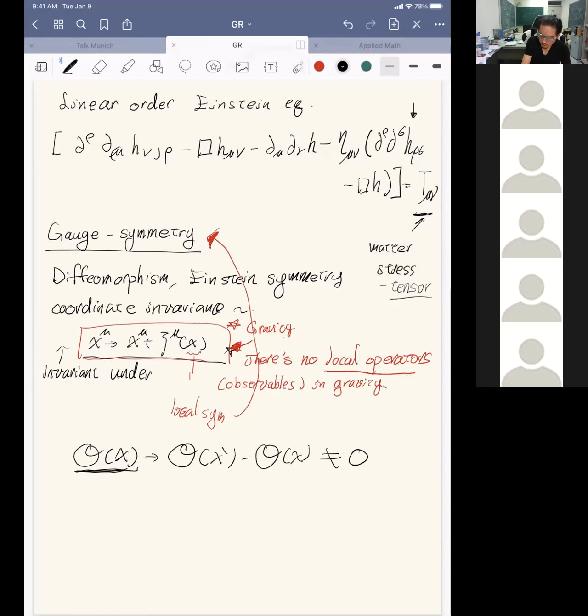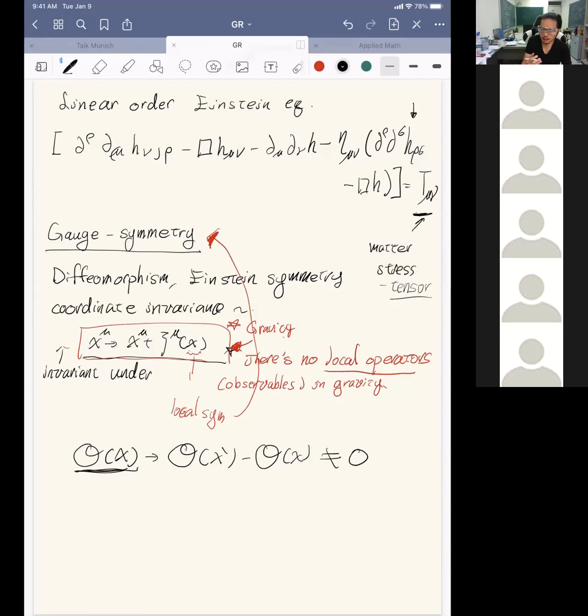So in this very precise sense, because gravity is a coordinate invariant theory, there are no local observables in gravity, and you can understand this in a very precise physical way.